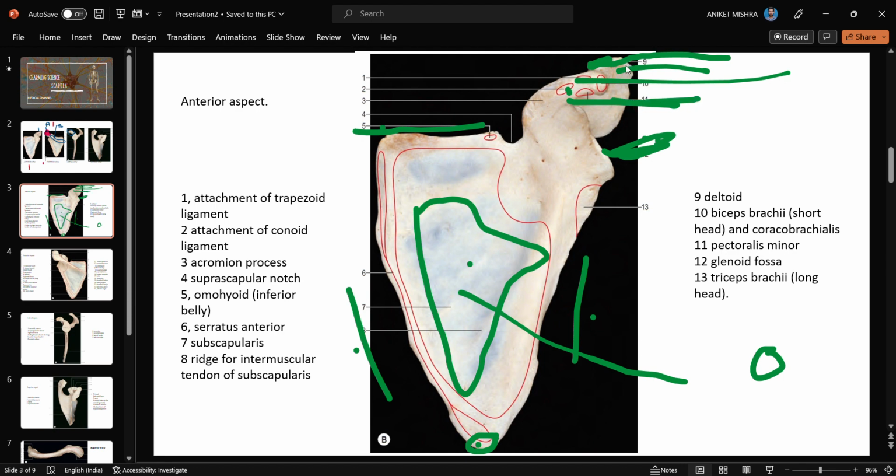This is the acromion process, and there is one facet for the clavicle, making the acromioclavicular joint. That is the major landmarks that are present on the scapula on the costal side. So let me remove it and begin on the next.